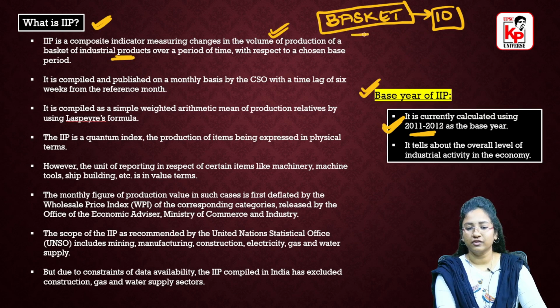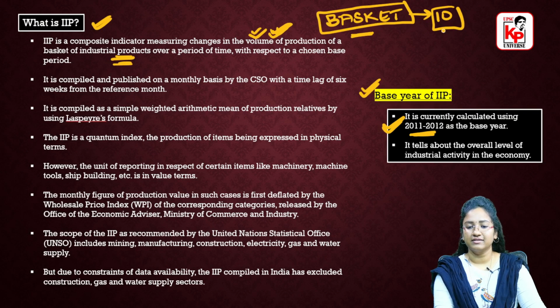So the basket of goods that we have in case of IIP is a basket of industrial products. For these products, the focus is on the volume of production. So it measures the changes in the volume of production of this basket of industrial products.